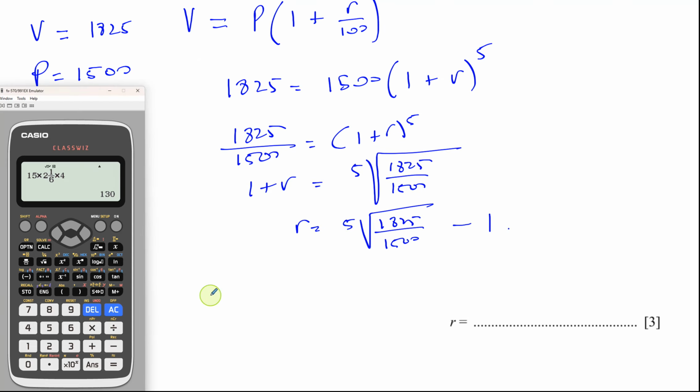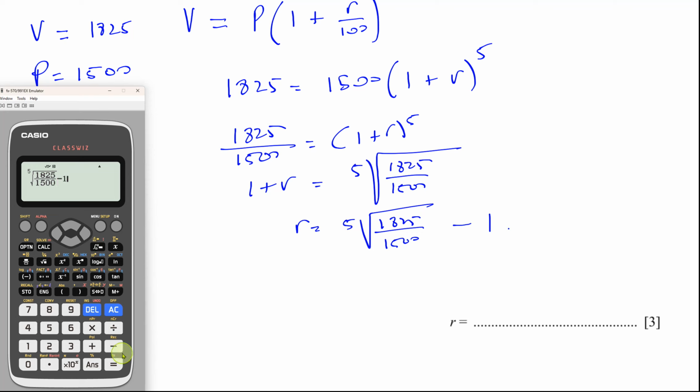We can just stick that in our calculator. So we have the fifth root. So we've got shift and this button here. That's the fifth root. So I'll put 5 up there, of 1,825 over 1,500. And that's going to be take away 1.